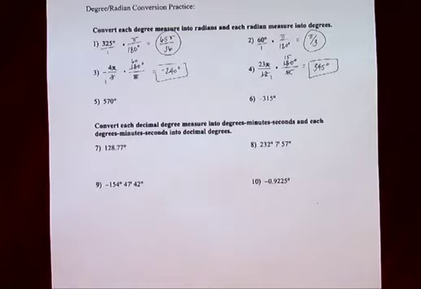It should not be a surprise that they do this also with degrees, because there are 60 minutes in an hour and 360 degrees in a circle. You should have noticed that relationship, 360 being a multiple of 60.